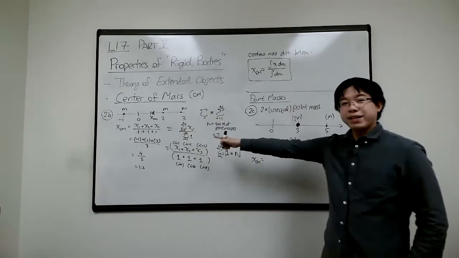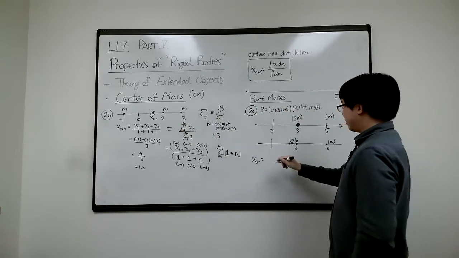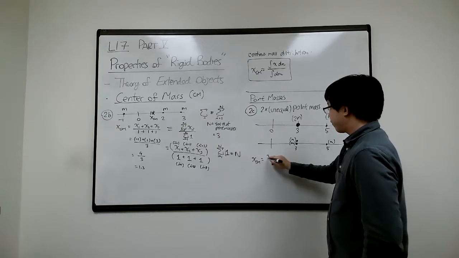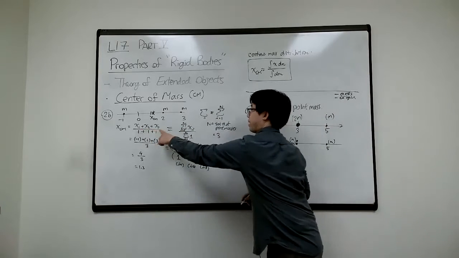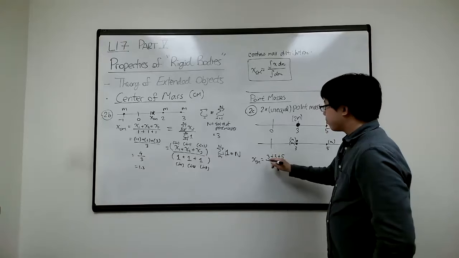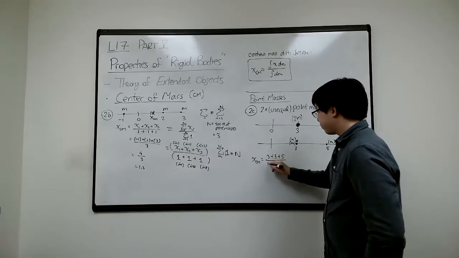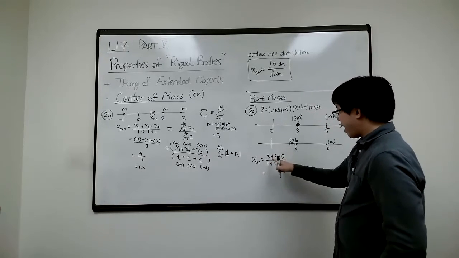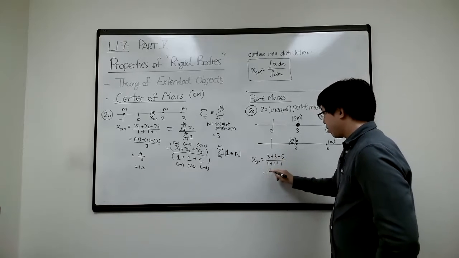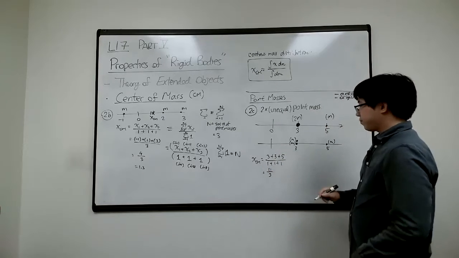Now I know how to do it because I've figured that out. So the answer is 3 plus 3 plus 5, over 3 essentially. So I have 11 over 3.